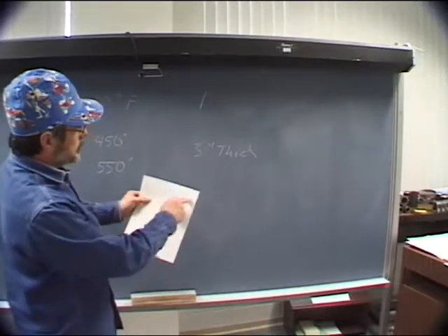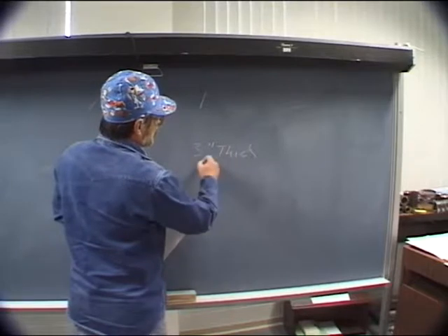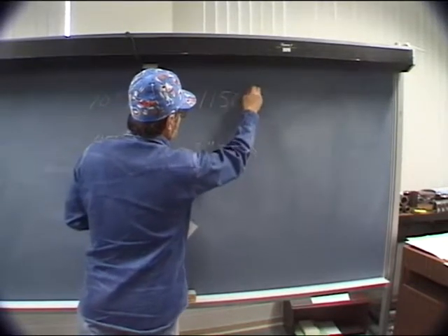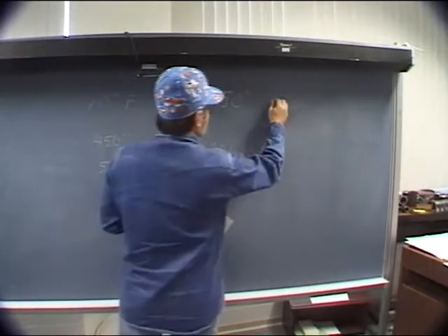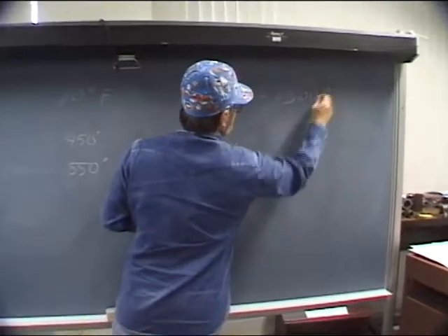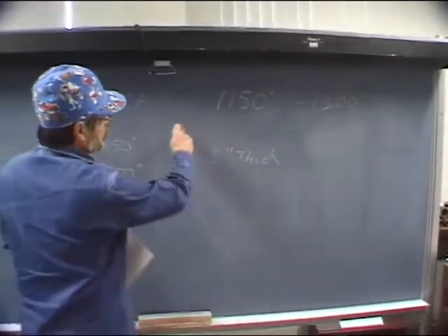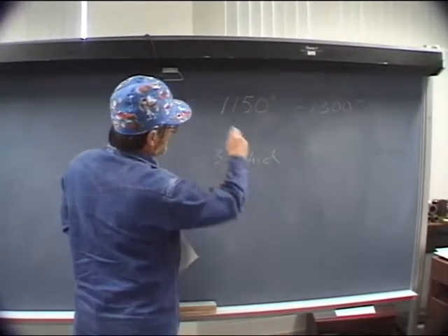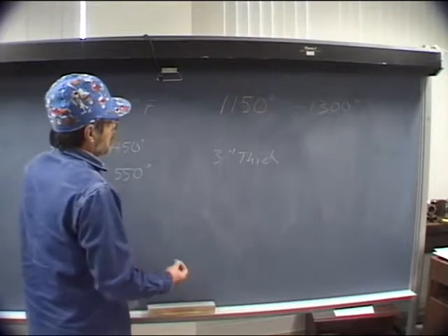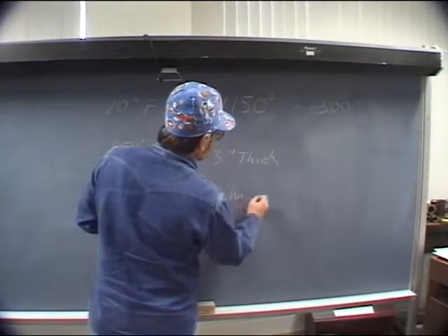But to illustrate what would go in there, post-weld heat treatment is typically done at about 1150 degrees up to about 1300 degrees, which is just below what's called the lower transformation range. You're going to take this metal and heat it up to 1150 degrees over a period of 2 or 3 hours, and then you're going to hold it for 1 hour.